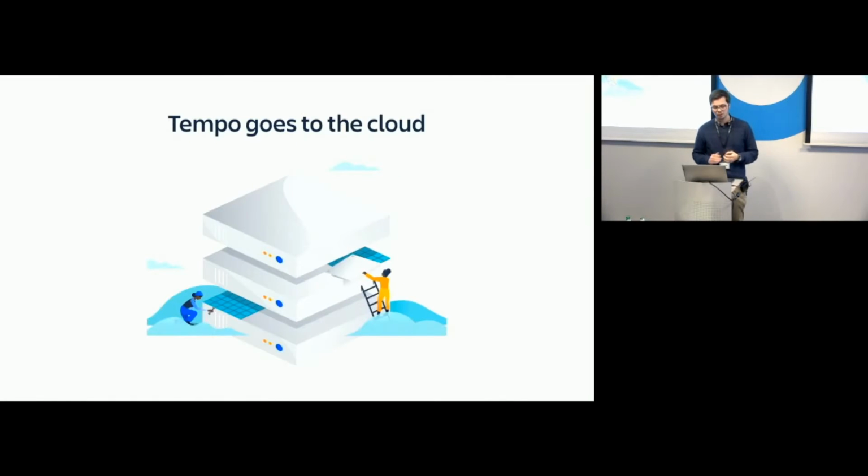And finally, we got the opportunity when in January 2016, we at Tempo started work on moving Tempo to the cloud. And this was a massive undertaking because we had to almost completely rewrite everything in our products.